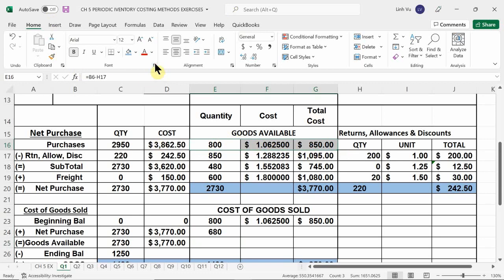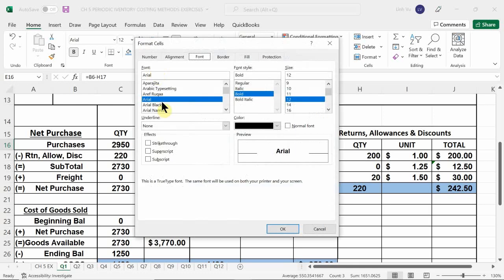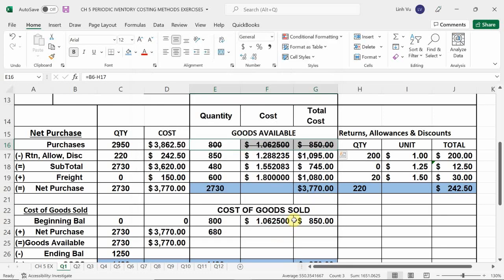Which batch am I going to take out from next? 480? No, that's the third batch.